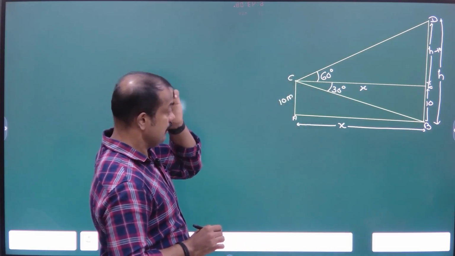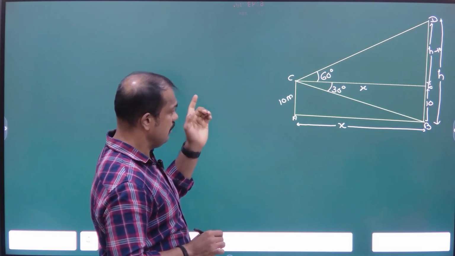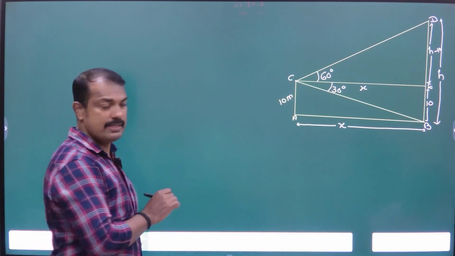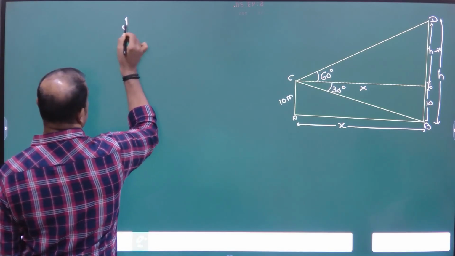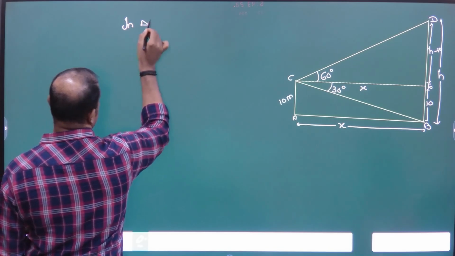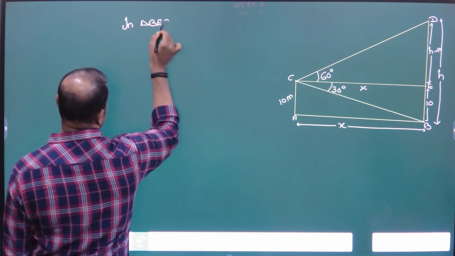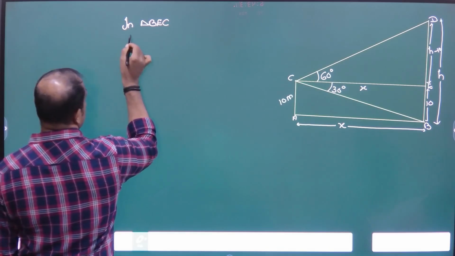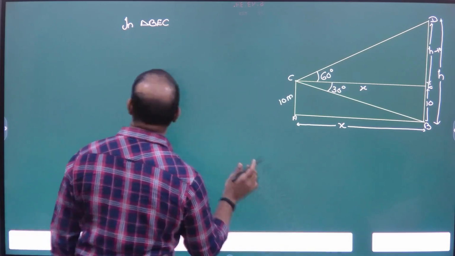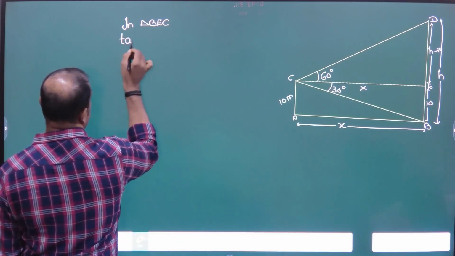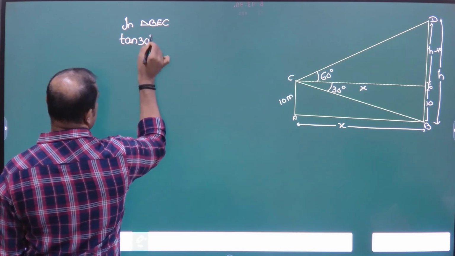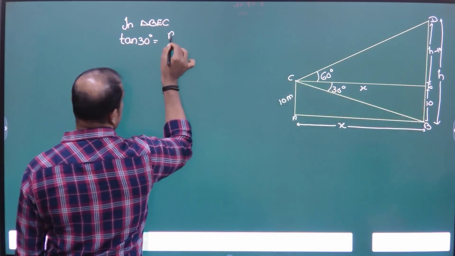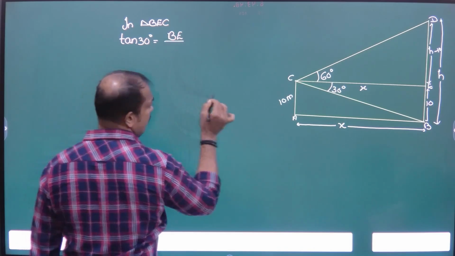First apply in triangle BEC: it's not sine, it's tan 30 is equal to BE divided by CE.